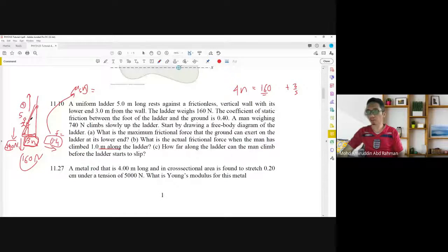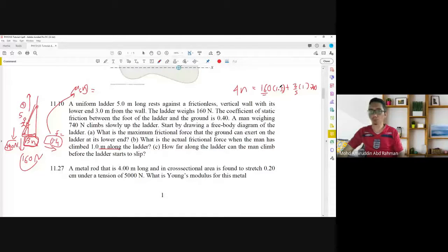Then we times 1.5, and then this one is 3/5 due to the ladder, and then times the height of this person, which is 1 meter, and then times 740 Newton.